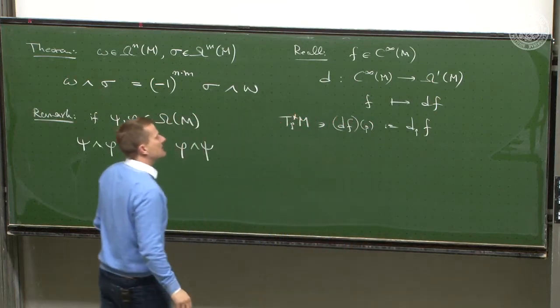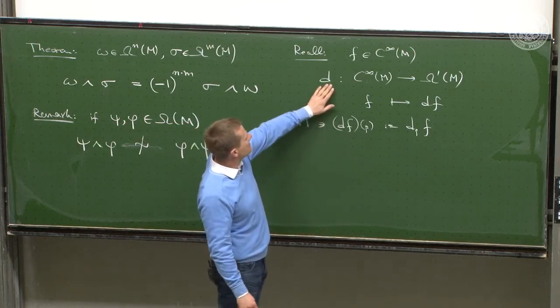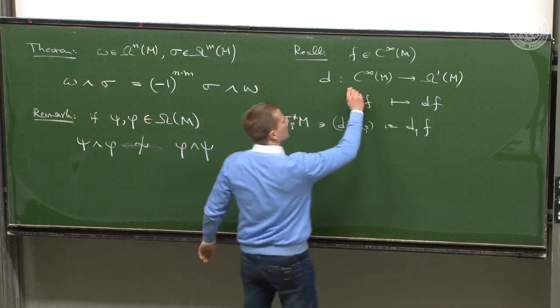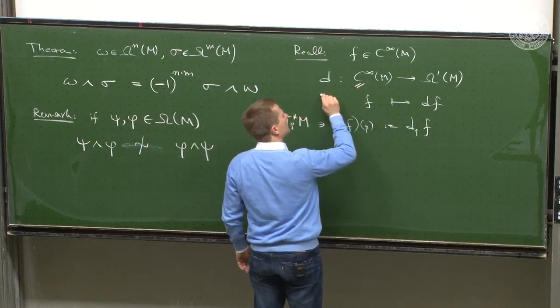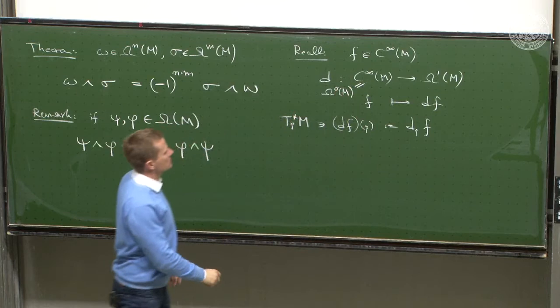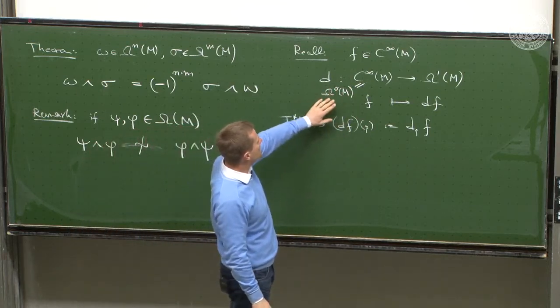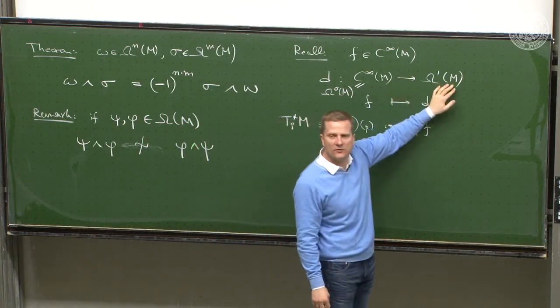But now we want to extend this, and this guy here is of course the zero forms. So this d we already have takes 0 forms to 1 forms.